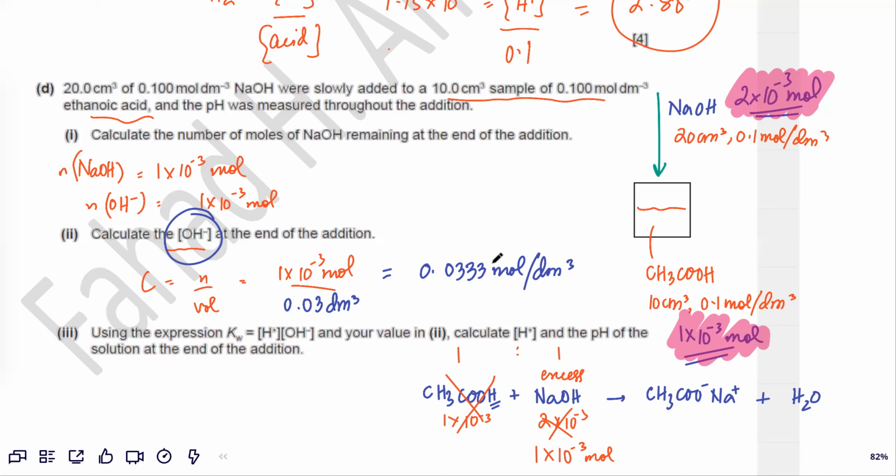The other one is you have the expression for Kw. The value of Kw is 1 times 10 to the minus 14. The H plus concentration is not known, but the OH ion concentration is known. It's 0.0333 mole per dm cube. So from that you can calculate H plus and then calculate pH.